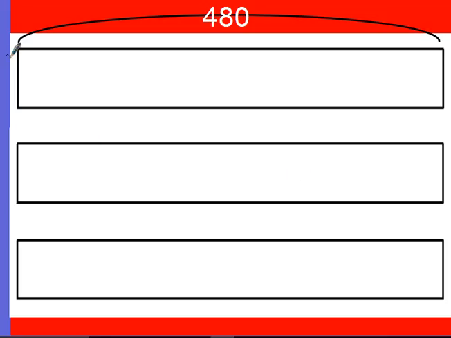I know that Nora went 1/6 of the way. So I know the whole thing equals 480, but I have to break it, because of the denominator, into 6 equal parts.